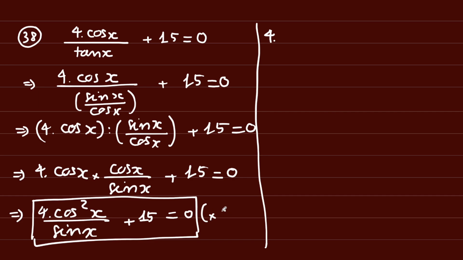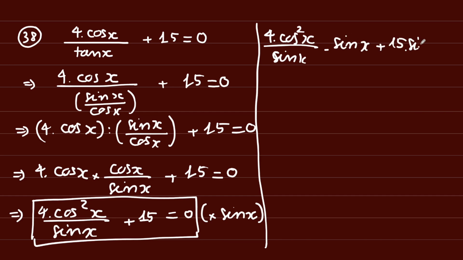I will multiply both sides, or every term of this equation, with sine h. And after multiplying, I get here 4 cos square h over sine h multiplied by sine h, plus 15 multiplied by sine h, and 0 multiplied by sine h means 0. Simplify this term with this one. Simplifying a fraction is very easy, right?